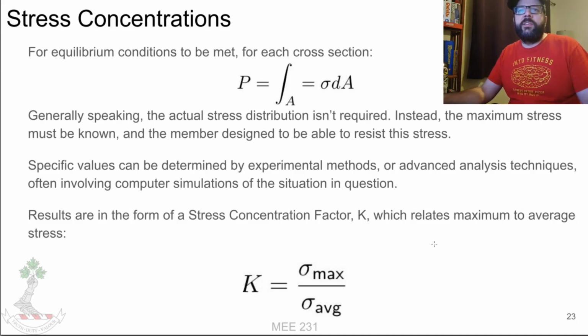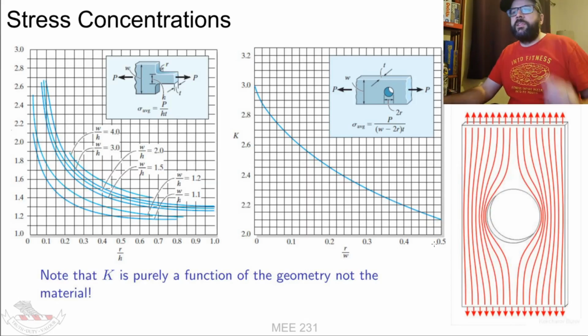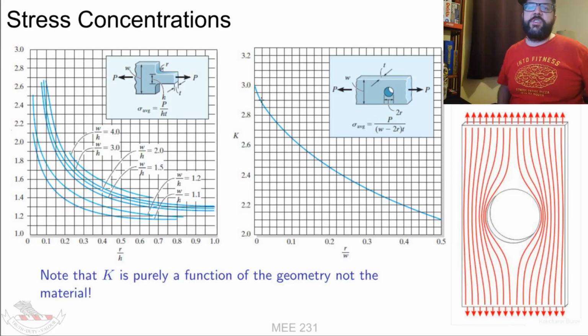And that allows us to get these nice curves here. Again, here's an example. You can see how these force lines need to bunch up to curve around the hole, so we tend to get it more concentrated near the edge of the hole. Essentially, what tends to happen is that the more abrupt a change in geometry you have, the higher the stress concentration is.